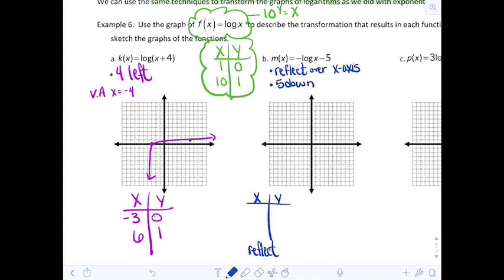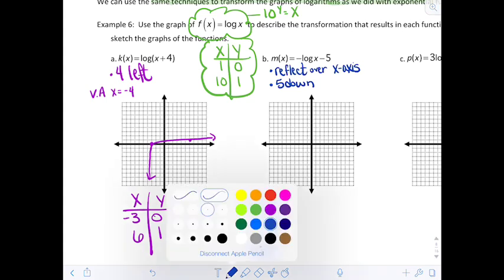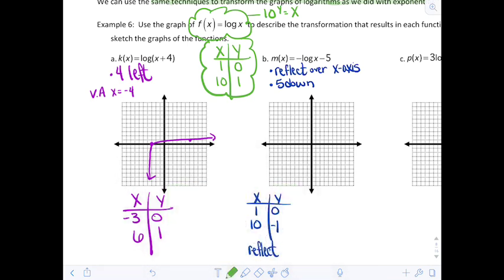Okay, so the first thing we're going to do is our reflection. So if we reflect, how will these points change? And it's over the x-axis. So if it's over the x-axis, then my y values are going to change. So the x's will still remain at 1 and 10, but I reflect over the x, so 0 does stay at 0, but 1 becomes negative 1. Then after that, I have to shift 5 down. So this is my shift.